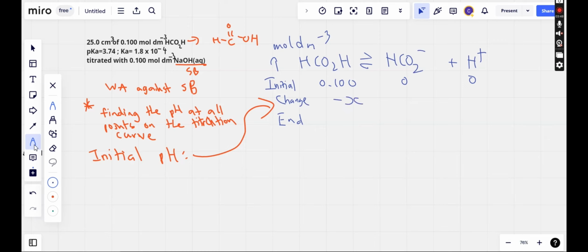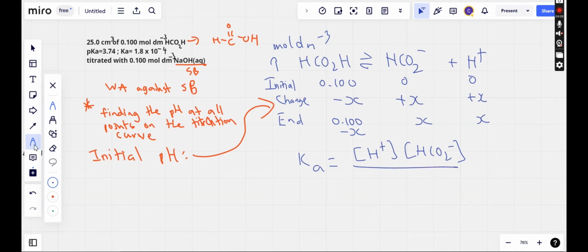Then you dissociate by a certain amount, x, plus x, plus x, then at the end the concentration is 0.100 minus x. And the equation is Ka equals H plus times HCO2 minus over HCO2H.